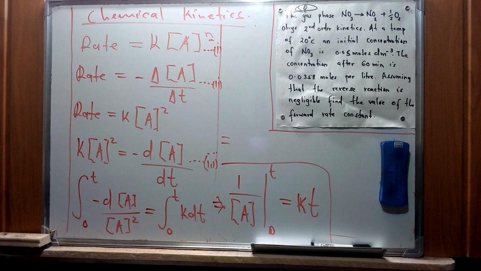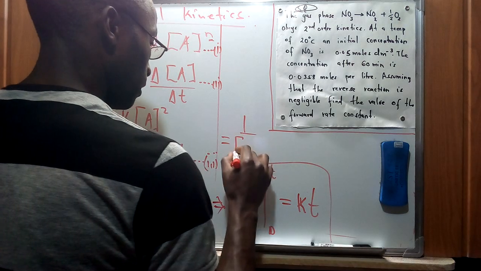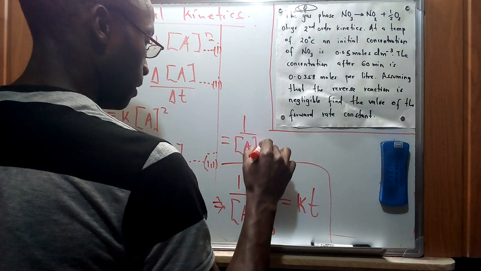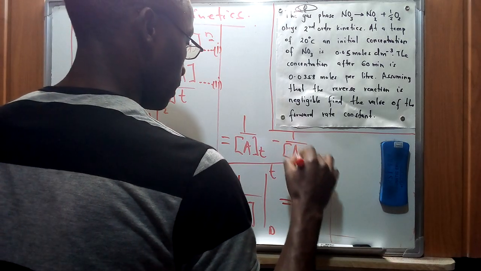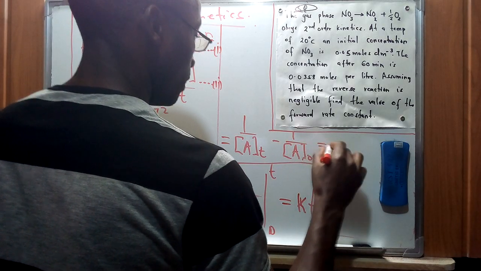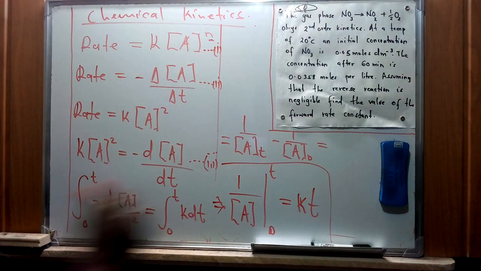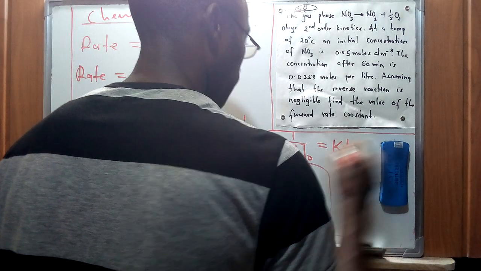will give me the concentration at t minus 1 over the concentration at 0, which is going to give me kt.